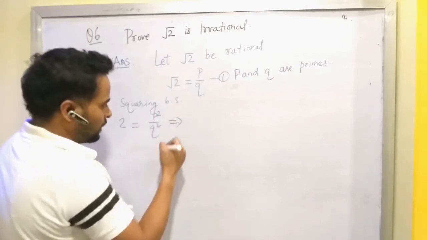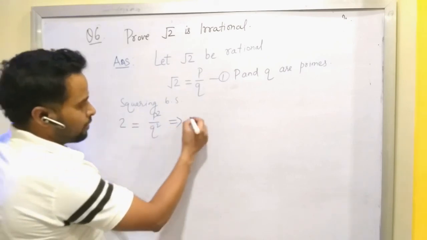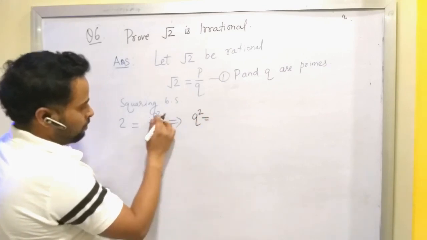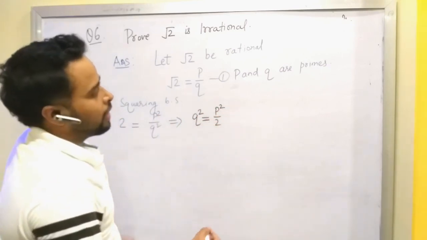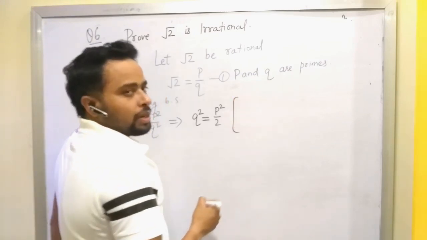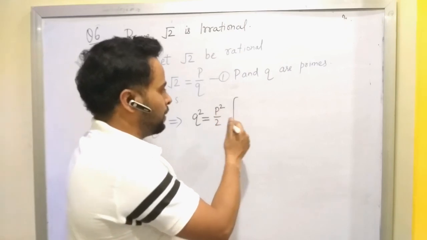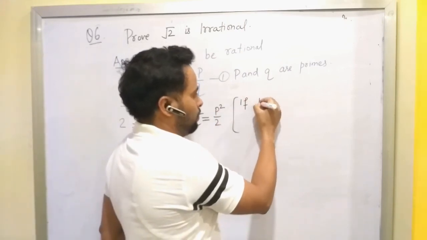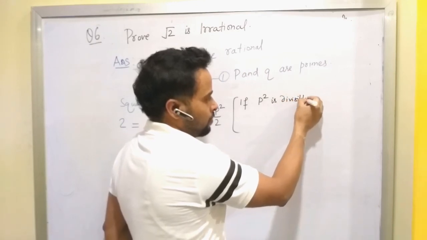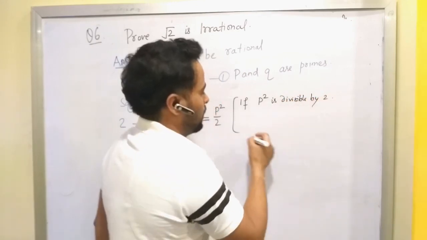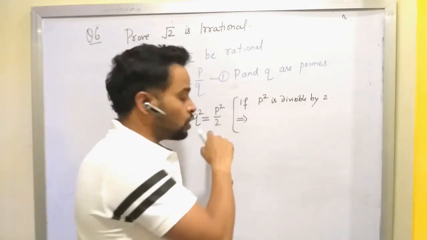In fact, if I write it properly, I can always write this as q square, p square by 2. A theorem says that if the square of a number is divisible by 2, if p square is divisible by 2, it implies the number, that is p, should also be divisible by 2.